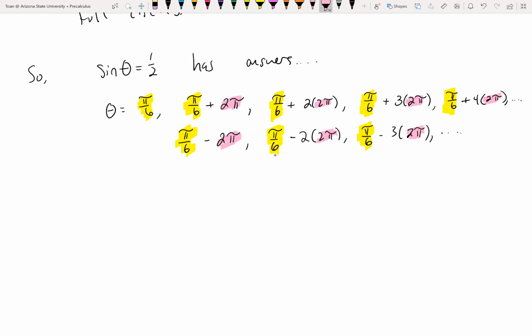The only thing that differs, I'm running out of colors, let's use blue, are the numbers of 2pi's. We could have 1 positive 2pi, we can have positive 2 2pi's, positive 3 2pi's, or we can have negative 1 2pi, negative 2 2pi's, negative 3 2pi's.